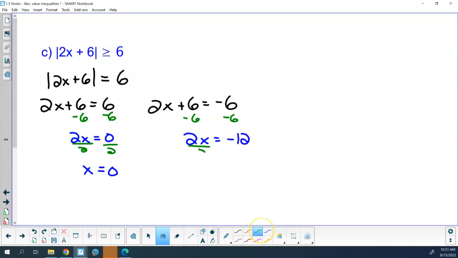If I divide by 2, then that gives me x is negative 6. Agree with that? Okay. So those are my two key numbers on the number line. Open or closed dots? Closed dots here.